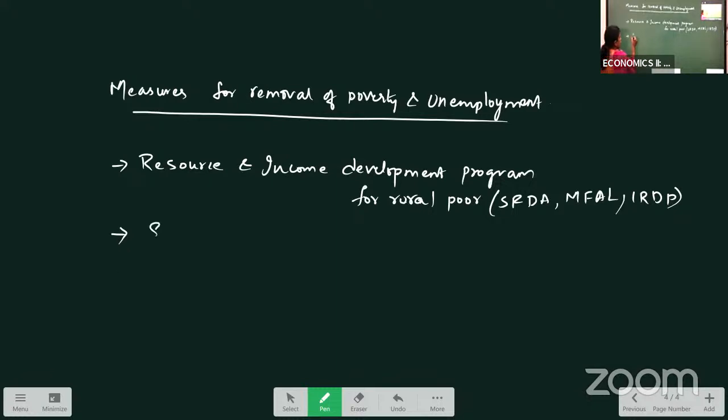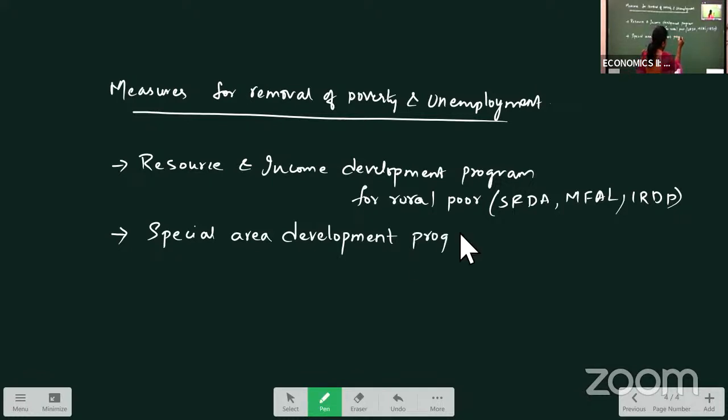Next, Special Area Development Program. Like we have the various areas, right? Drought Prone Area Program, Desert Development Program, Hill Development Program.